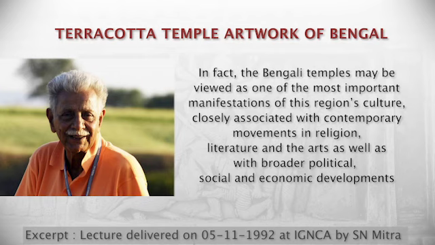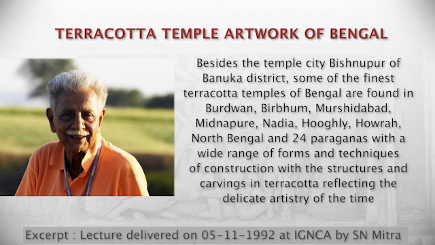Several thousand of these temples are found throughout Bengal, many now decaying because of severe monsoon rains as well as neglect and vandalism. The earthen materials of these brick and terracotta monuments are, in fact, their most vulnerable element.